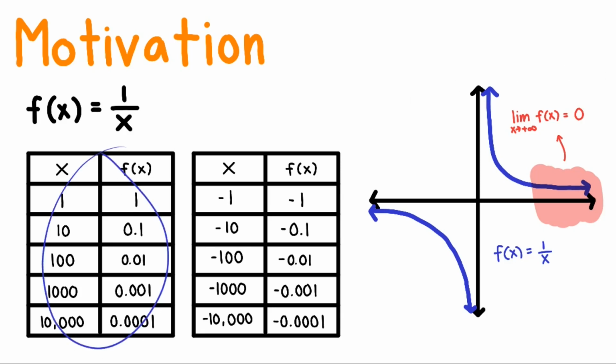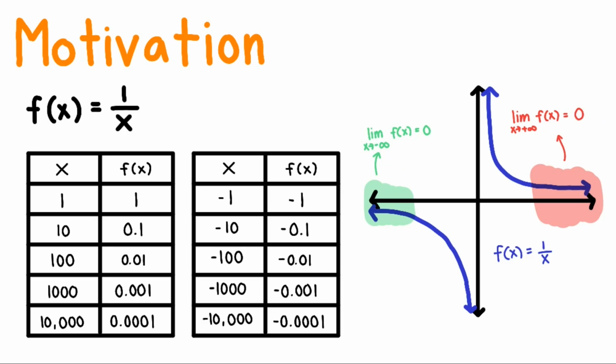And similarly, as x approaches negative infinity, it gets closer and closer to 0 as well. So we have the limit of f of x as x approaches negative infinity to be 0.